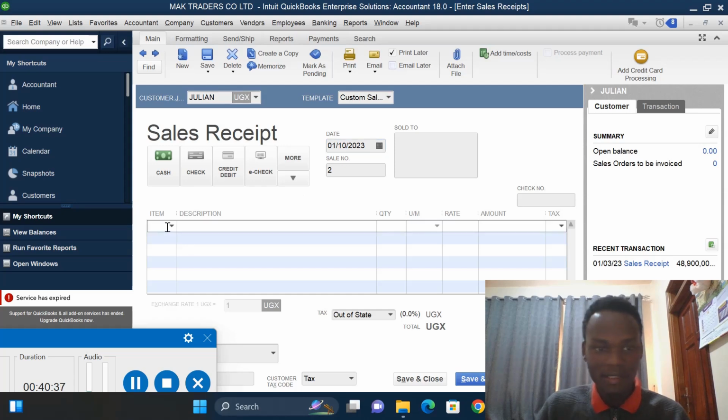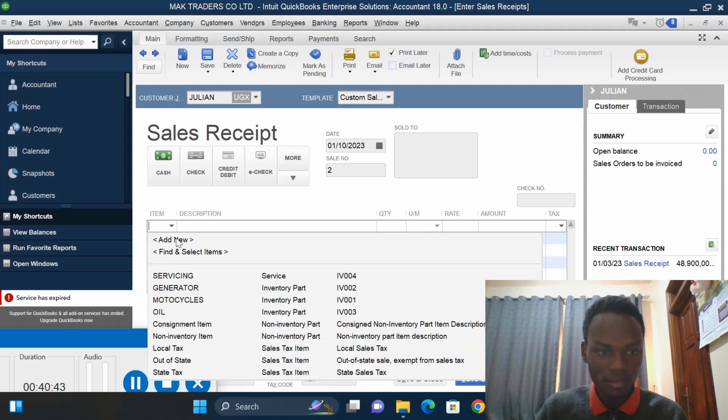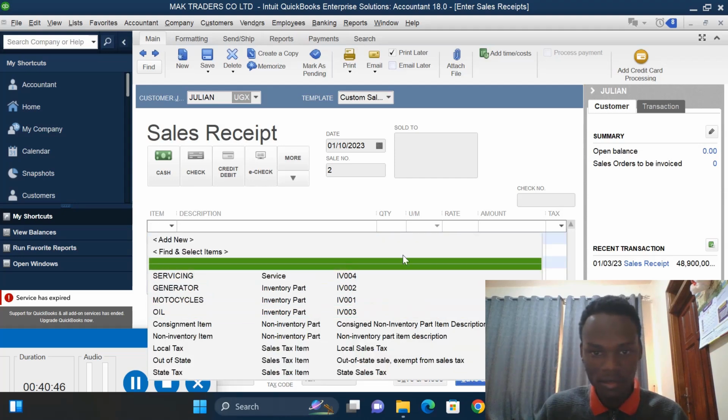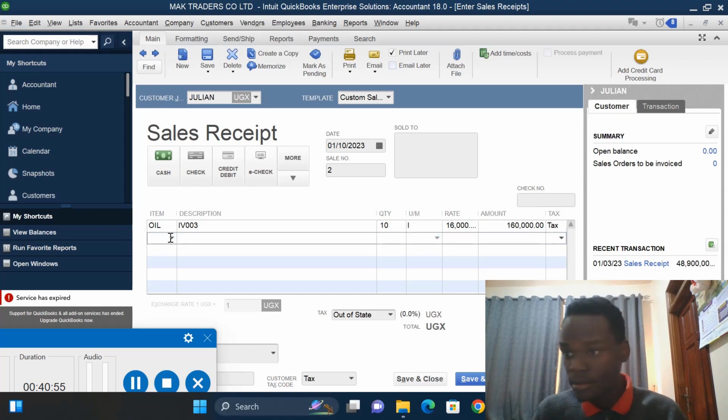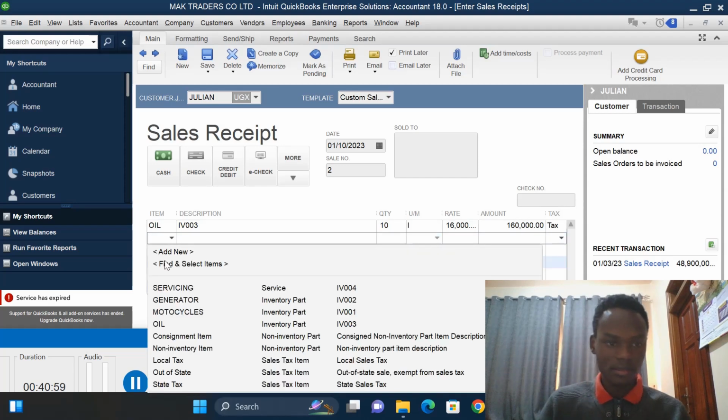So the items were 10 liters of engine oil, and 5 generators.